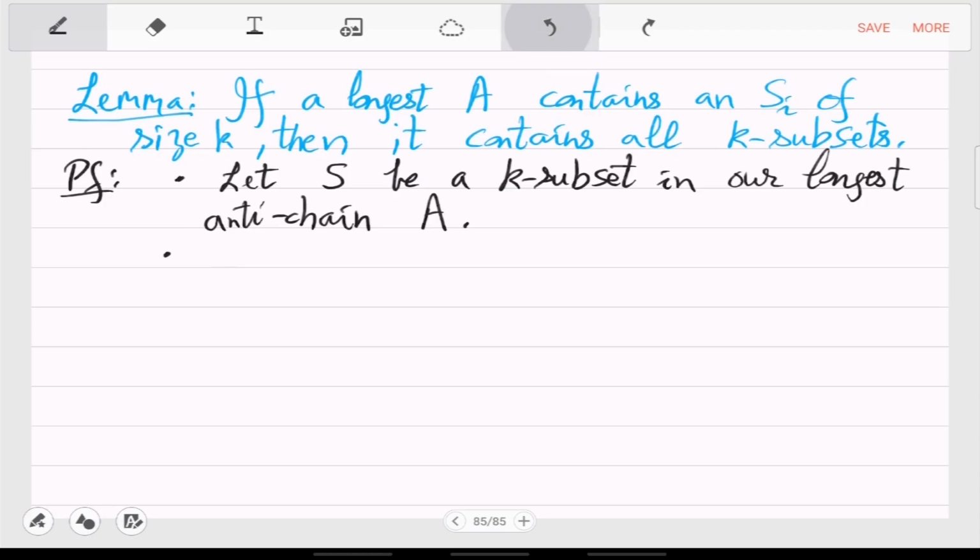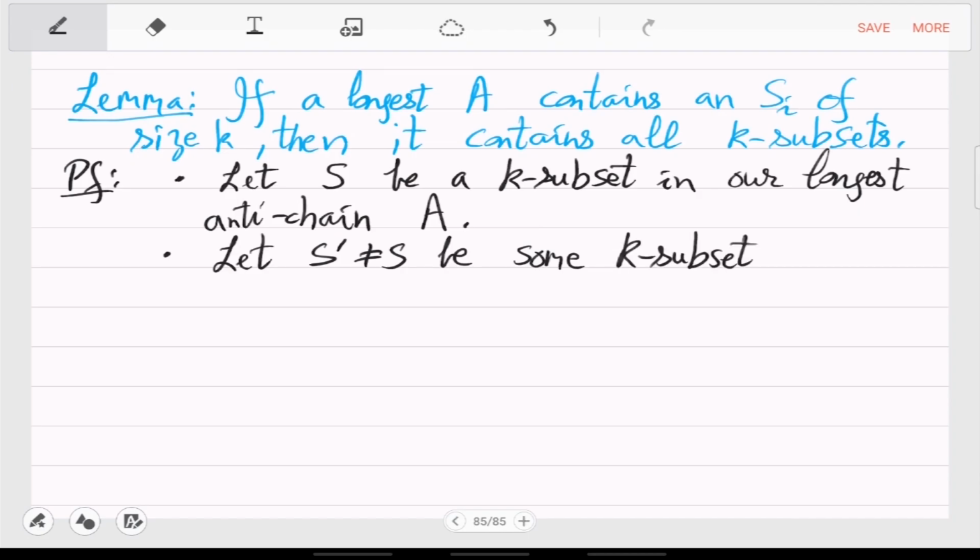So let S prime be some other k subset. I think I don't need to give a proof by contradiction, let's just go directly.